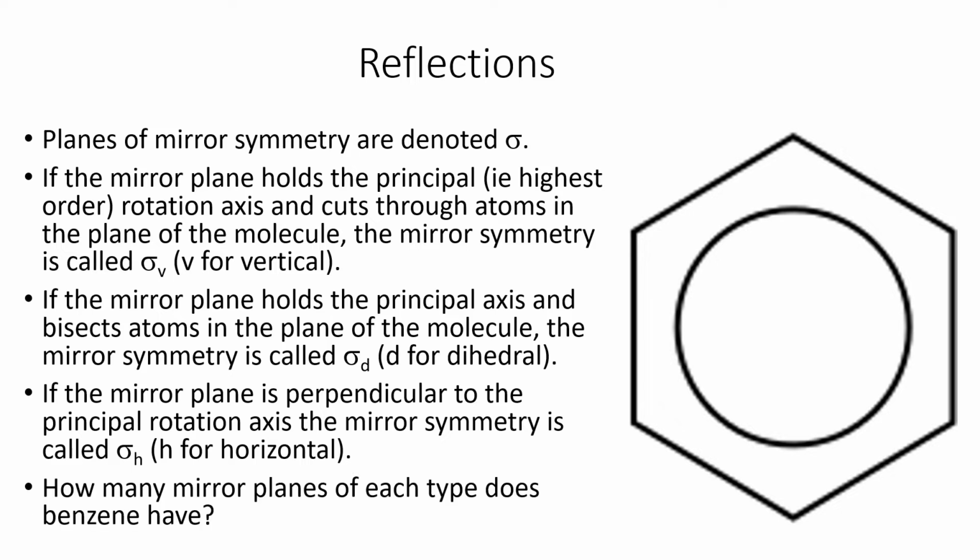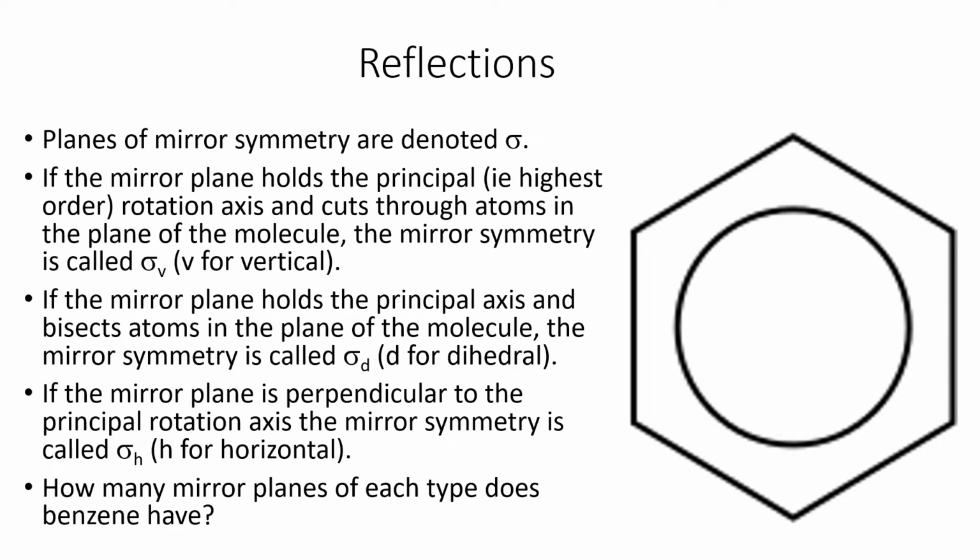Again, we can ask ourselves, how many mirror planes are there in the benzene molecule altogether? How many of each type? We've just said there's going to be the one horizontal one, that is the plane of the molecule, sigma H. Then in terms of sigma V, the one which holds the principal axis, this is going to cut through 2 opposite vertices in the hexagon.